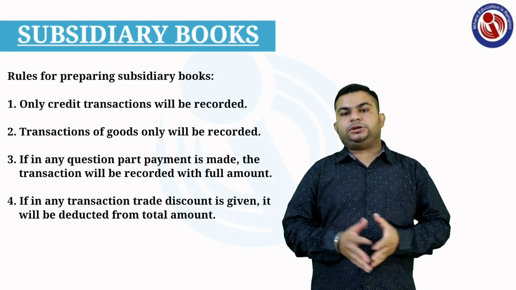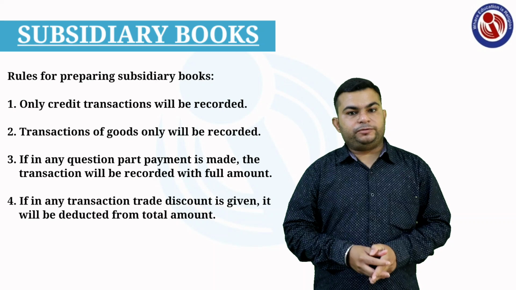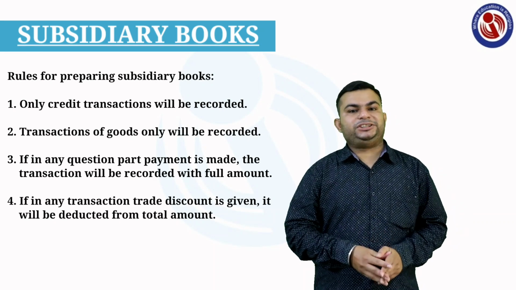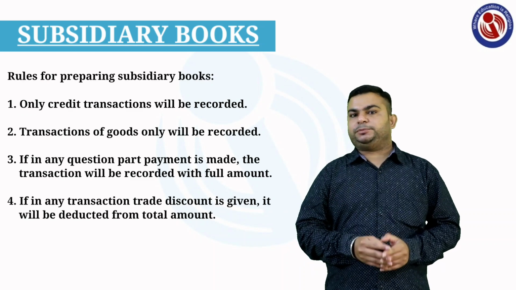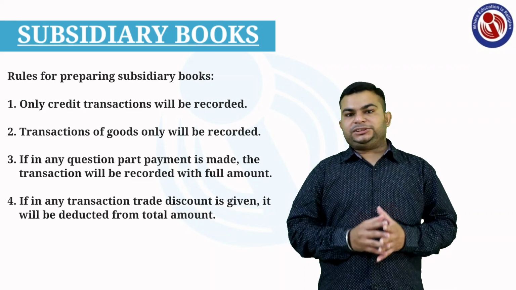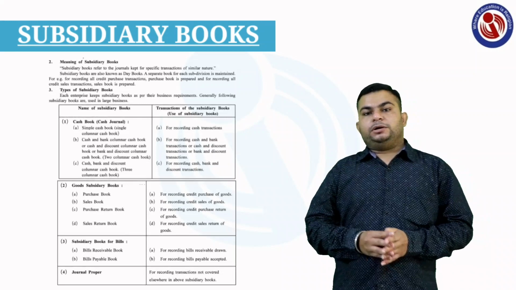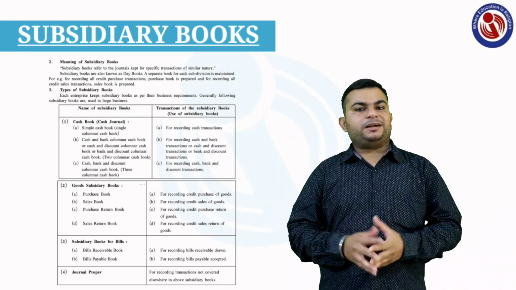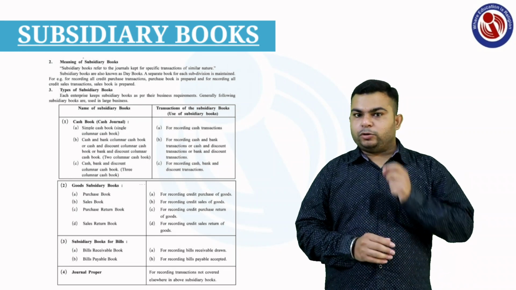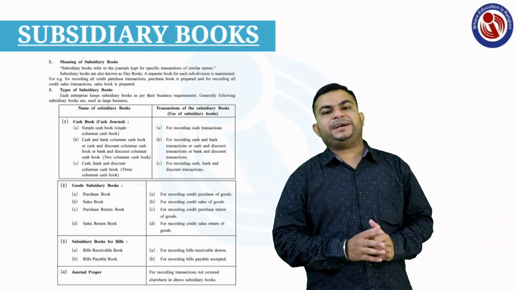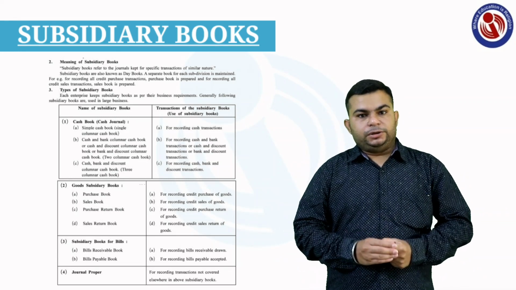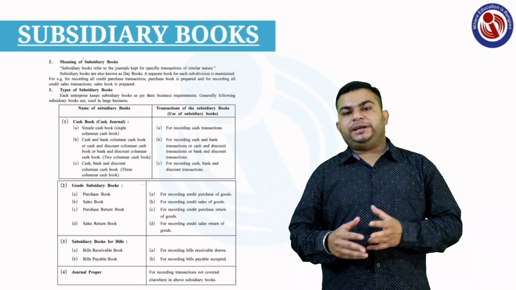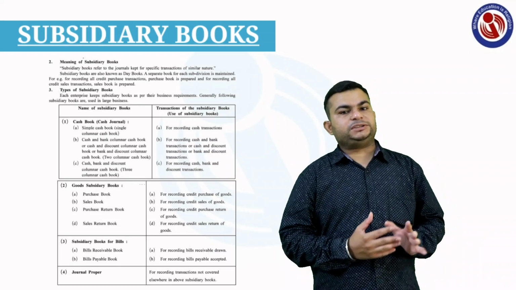There is no separation of transactions of a similar nature. For this purpose, you have been given a separate chapter, chapter number 6, subsidiary book. In this chapter, we are going to record all the transactions of a similar nature separately. For example, all the transactions of purchase will be recorded in a separate book called a purchase book.